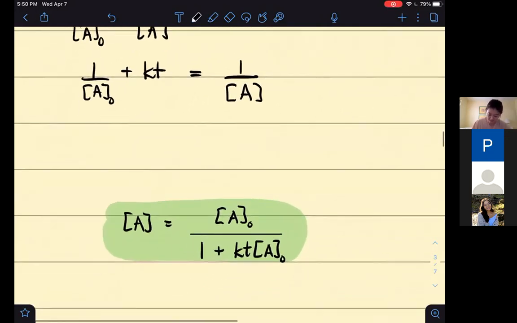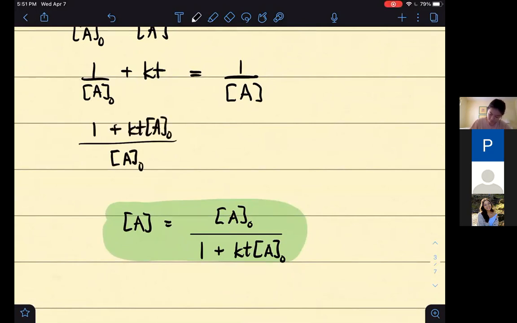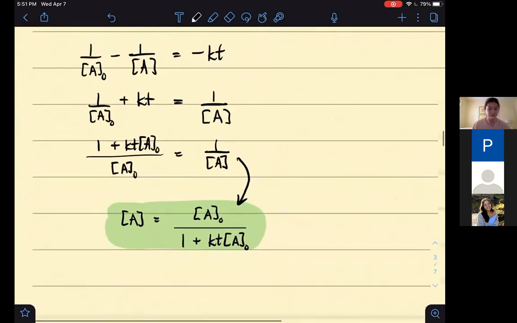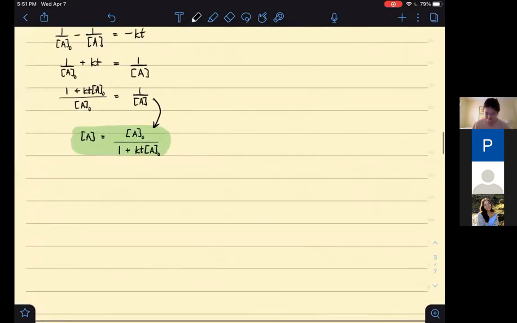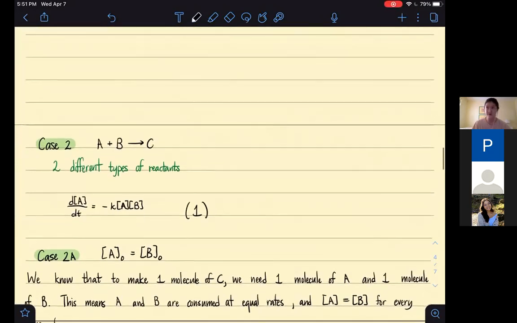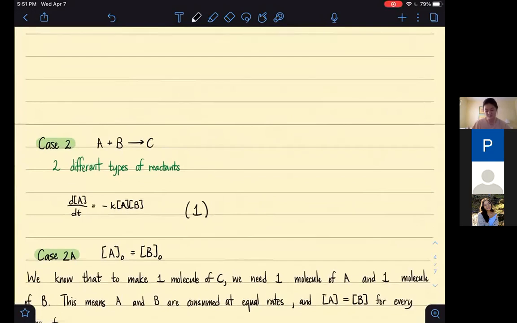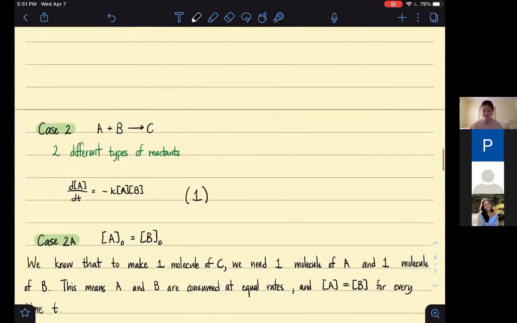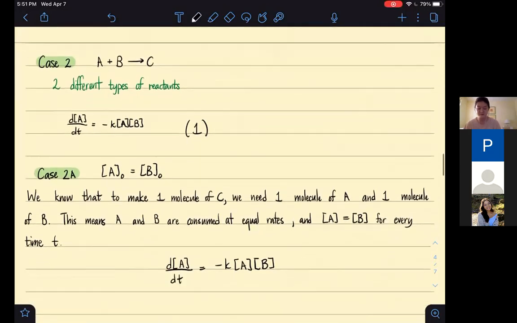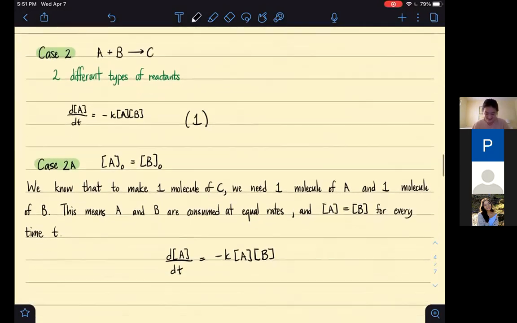And then dividing by A0, we will get this term. And multiplying, and then just taking the inverse, we will get this, which seems to be correct. There are plots of these equations in the book if you want to look at them, but I don't really have time.